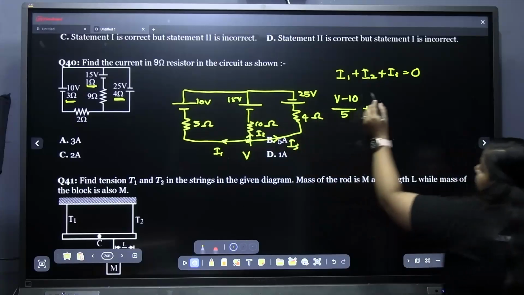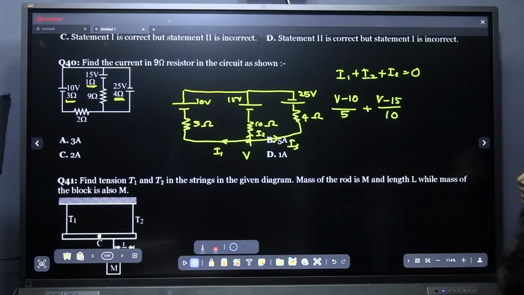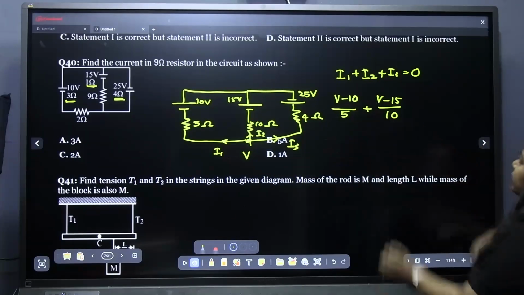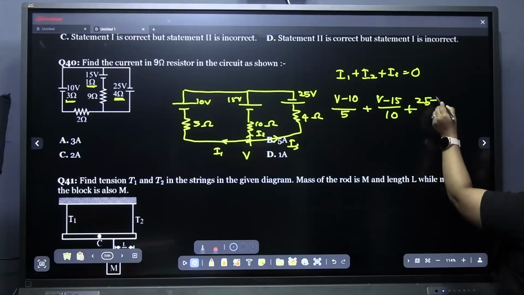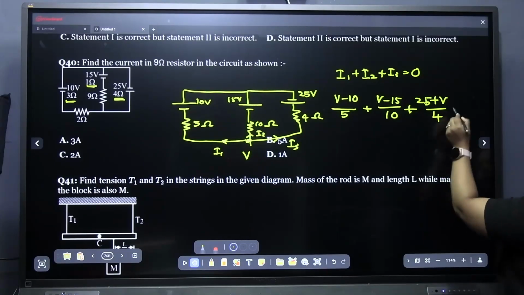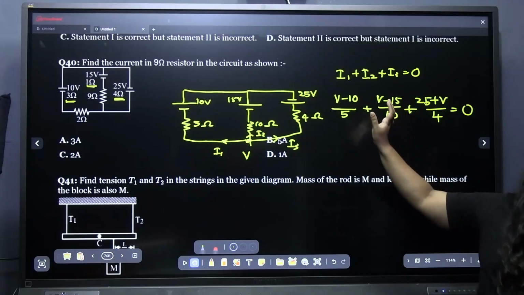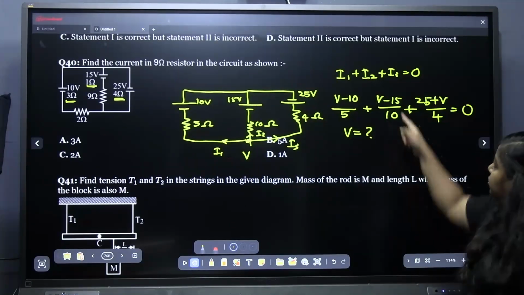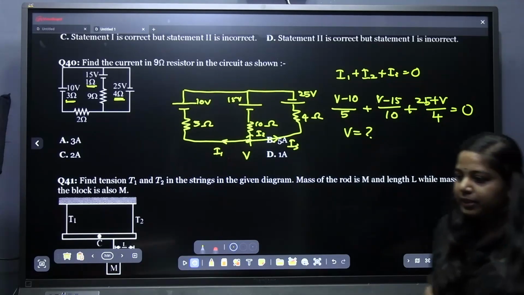V minus 15 by 10 will be I2. Then here it is positive, so V plus 25 by 4 equals I3. Equal to 0. Solve this to get V. First find V. Then substitute in this to get I2. Okay, that is our method.